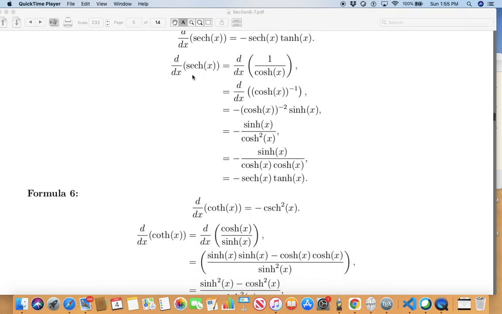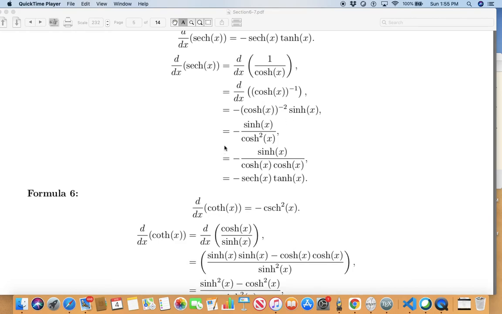Let's check. The derivative of secant hyperbolic x, where secant hyperbolic is 1 over cosine hyperbolic. Rewrite this as cosine hyperbolic to the power negative 1. Derivative of this: negative 1 comes down, the power reduces by 1, and by chain rule, the derivative of cosine hyperbolic is sine hyperbolic.